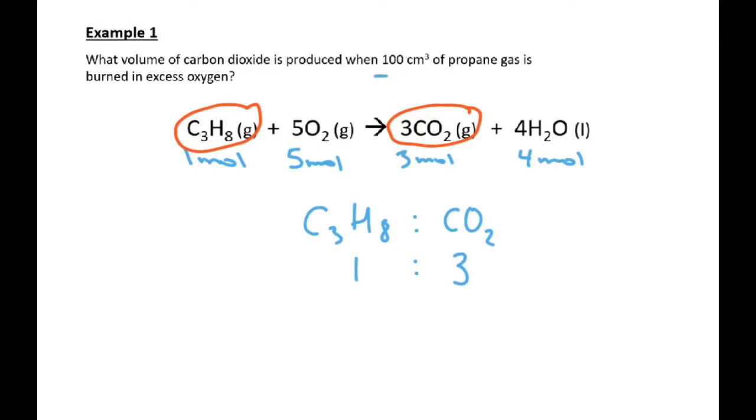And if we're told that 100 cubic centimetres of propane gas reacts, then we can work out that the volume of carbon dioxide that's produced must be 300 cubic centimetres, and that's just using this ratio here, 1:3.